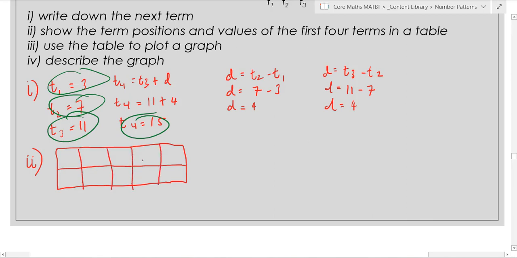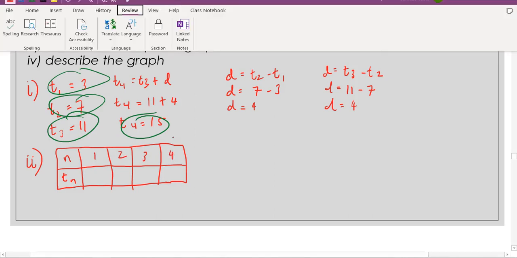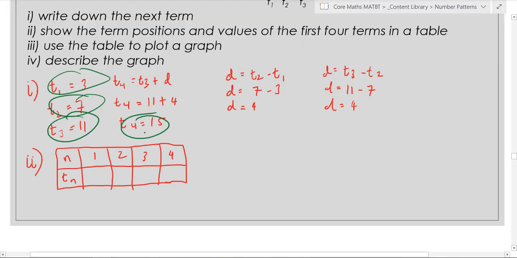Here you would put the letter N, and here is Tn. This is because N refers to the term number, and Tn refers to the term value. So we only want term number 1, 2, 3, 4, and then we'll list out the values for those terms. T1 was 3, T2 was 7, T3 was 11, T4 was 15.